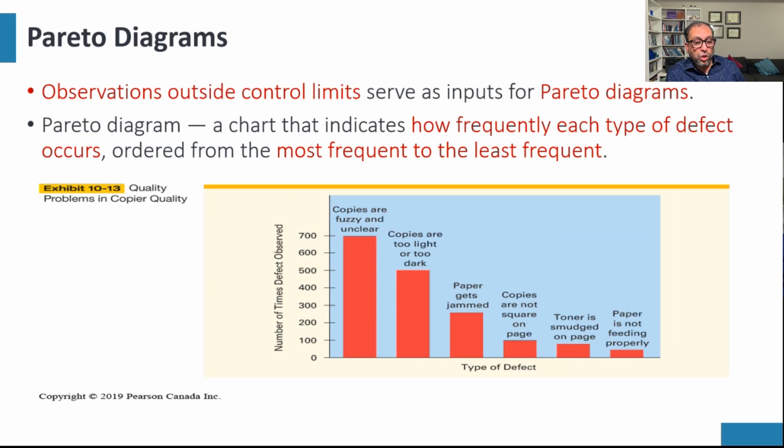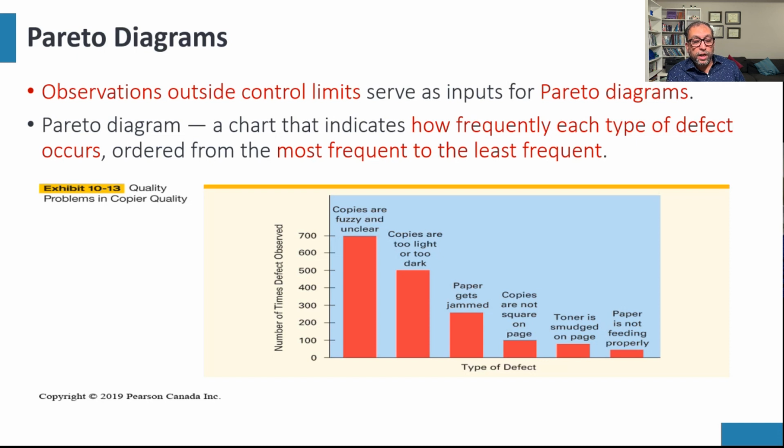A Pareto diagram is also used statistically to observe how many deviations or defects we can observe. Observations outside control limits serve as an input for the Pareto diagram. A Pareto diagram is a chart that indicates how frequently each type of defect occurs, ordered from the most frequent to the least frequent. So we see here the types of defects. It's a photocopier machine company, Xerox.